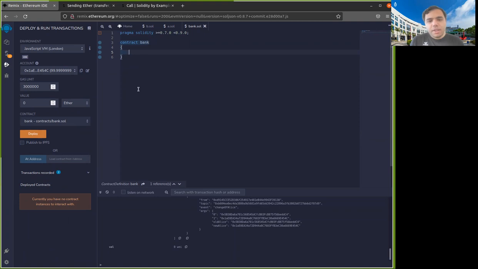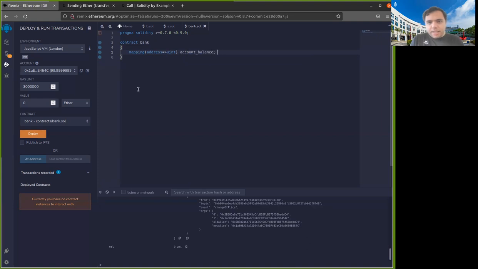So the first thing that I need to do is keep track of everyone's account. And a very handy thing for this is to use a mapping. So I can have a mapping of addresses to unsigned integer, which I can call balance or account balance.